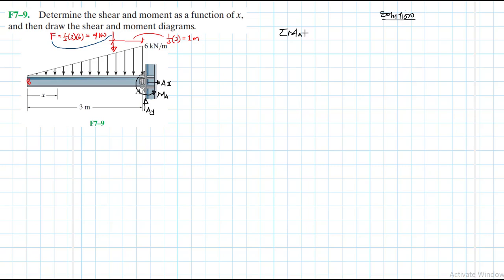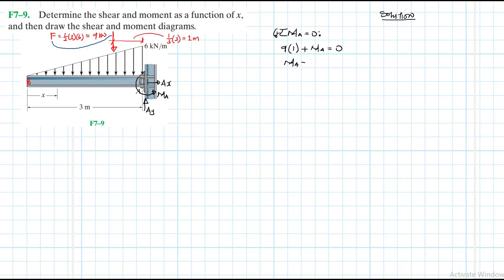Summation of moments about point A equal to 0 and clockwise being our reference. What do we have? We have anti-clockwise moment, which is a positive 9 by 1. What else? Plus MA equal to 0.